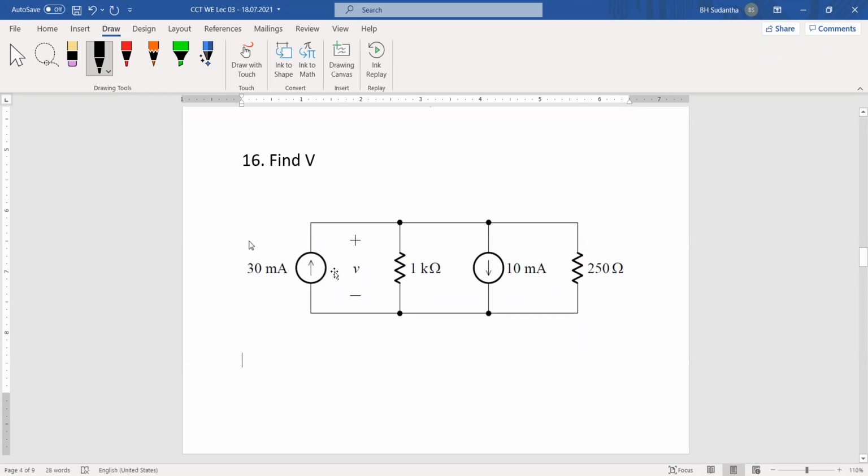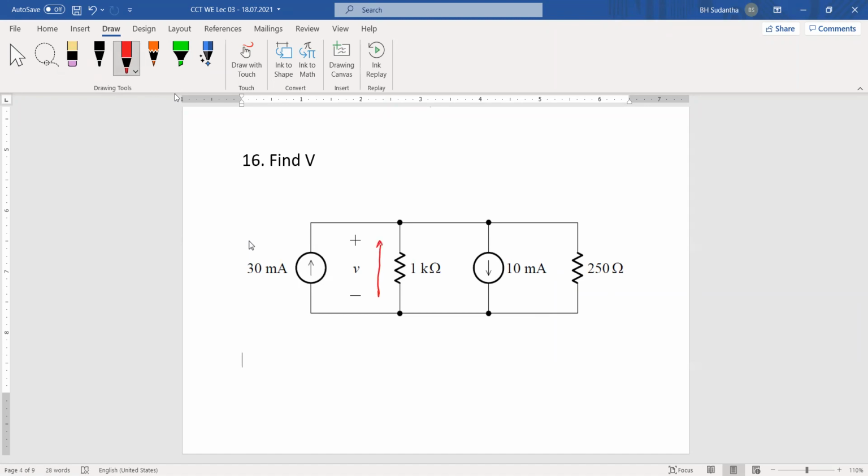This is another current source. Its capability is 30 milliampere. It can deliver 30 milliampere to the circuit. We don't know the voltages of these devices, but we don't care. Anyway, we have to find V, the voltage across any of these devices.